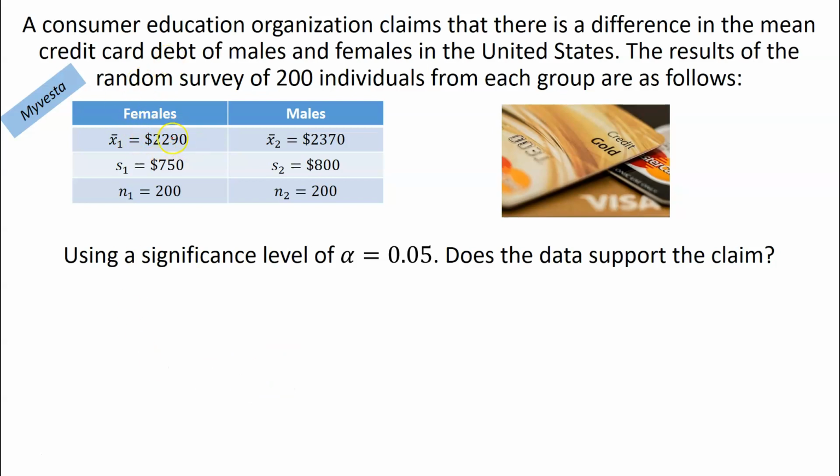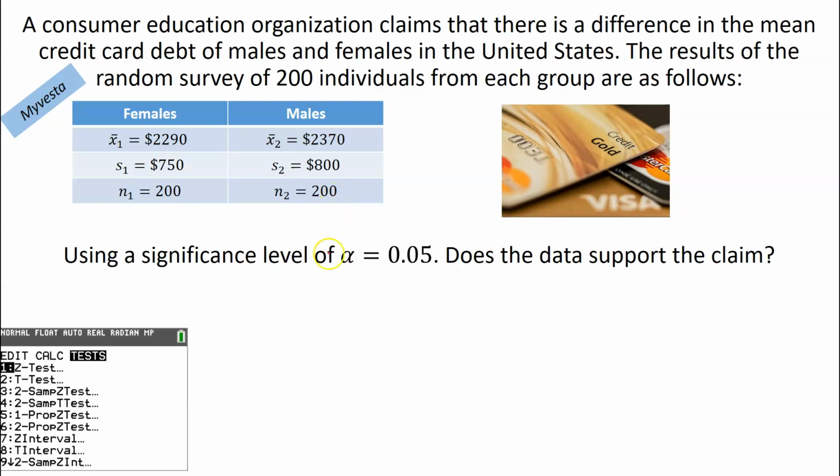That was the average amount of debt by females, with a standard deviation of 750 and a sample size of 200. For males, there was the average debt and standard deviation, and in this case it happened to be the same sample size. Okay, so we're going to go through and test this.